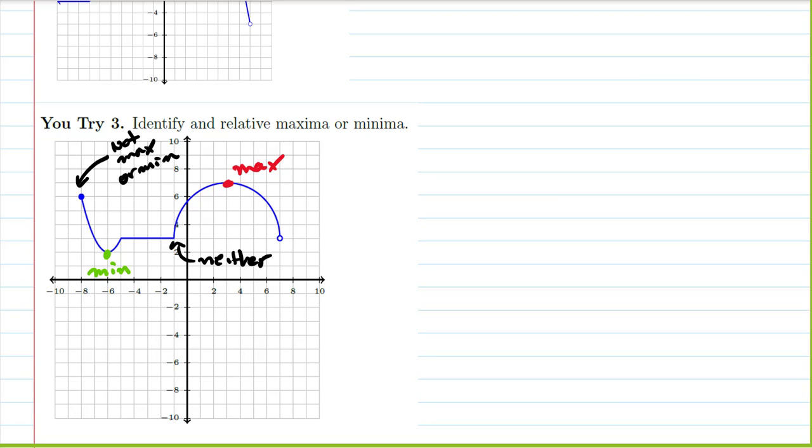And those will be exactly the points where that happens. So our min is located at the ordered pair, -6 and 2, and our max is located at the point 3 and 7. All right.